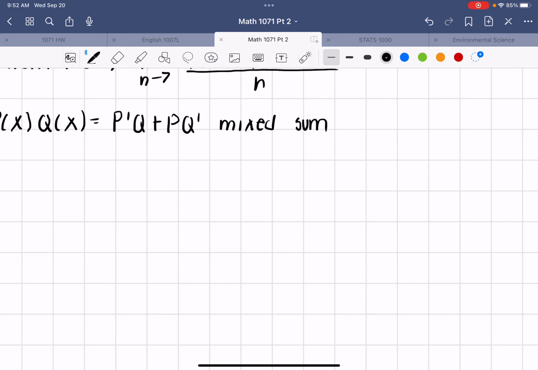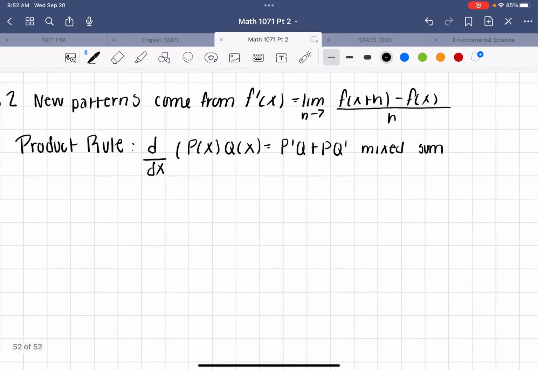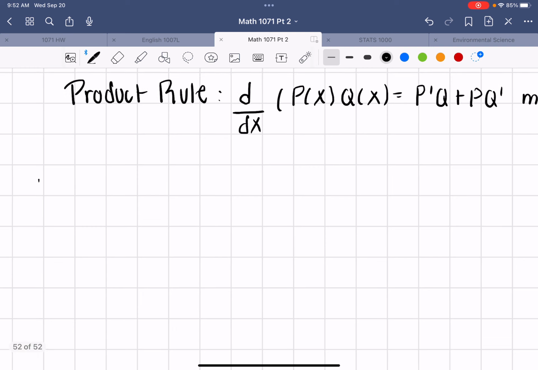Now, when you're doing this, you wouldn't write out that step. I'm just trying to show you the instructions. You would write out 2x plus 1, second factor untouched, plus first factor untouched, times the derivative of the second factor.